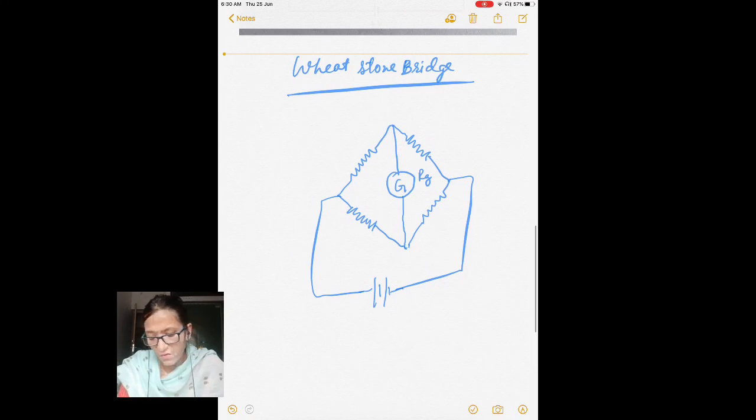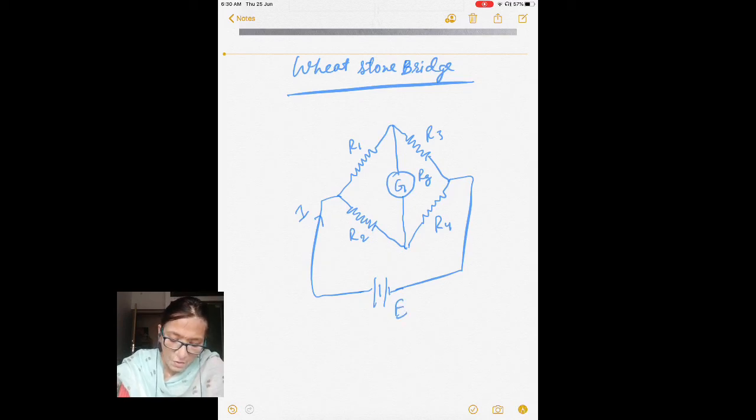So let me first of all simplify by taking the values of resistance as R1, R2, R3, R4. Suppose there are 4 resistors and a galvanometer which is having a resistance Rg, and a current I is flowing from a source of EMF E to these resistors.